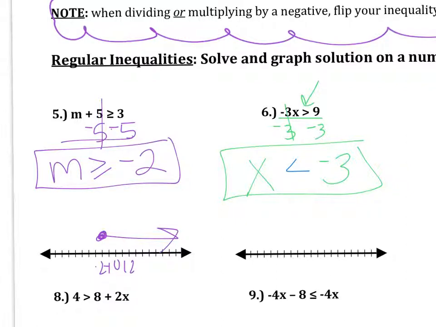So now, on our number line, we're going to have an open point at negative 3, and since x is less than negative 3, our arrow is going to go to the left. Everything smaller than that would satisfy that inequality.